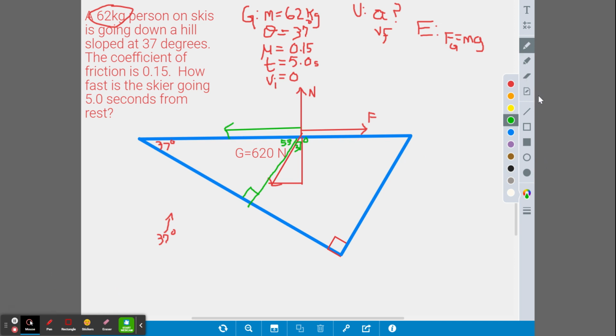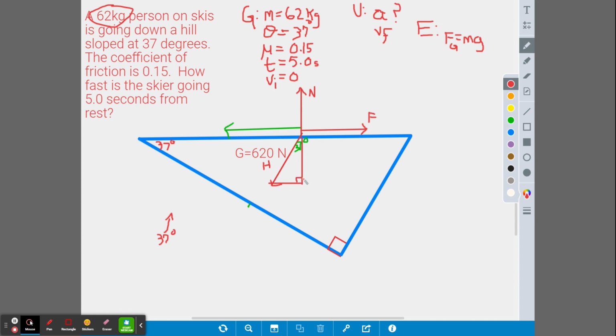So let's label the different parts of the triangle, and I'm going to erase this green triangle so there's no confusion. All right. So this part of the triangle is our hypotenuse because it is directly across from the right angle of the triangle. So this is our hypotenuse. I'm just going to write H for hypotenuse.